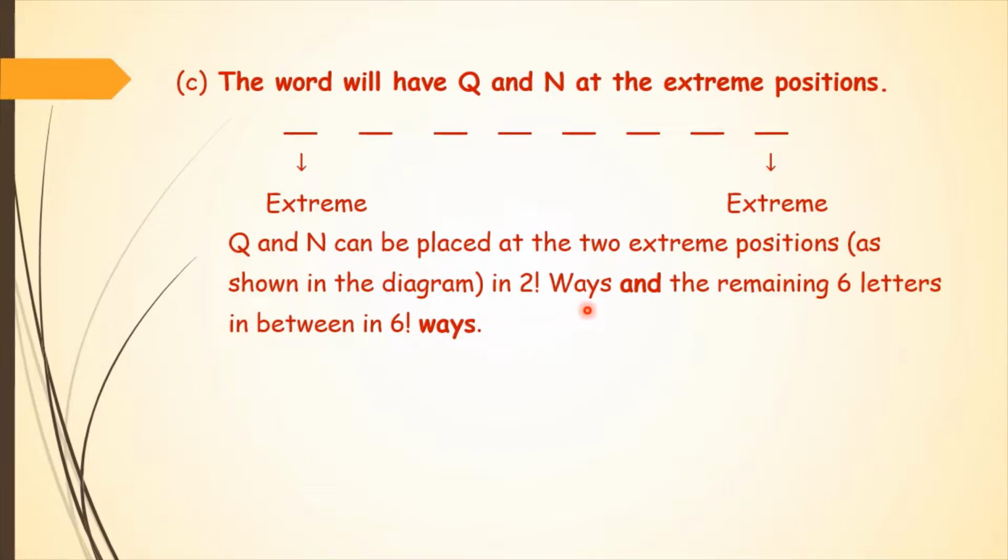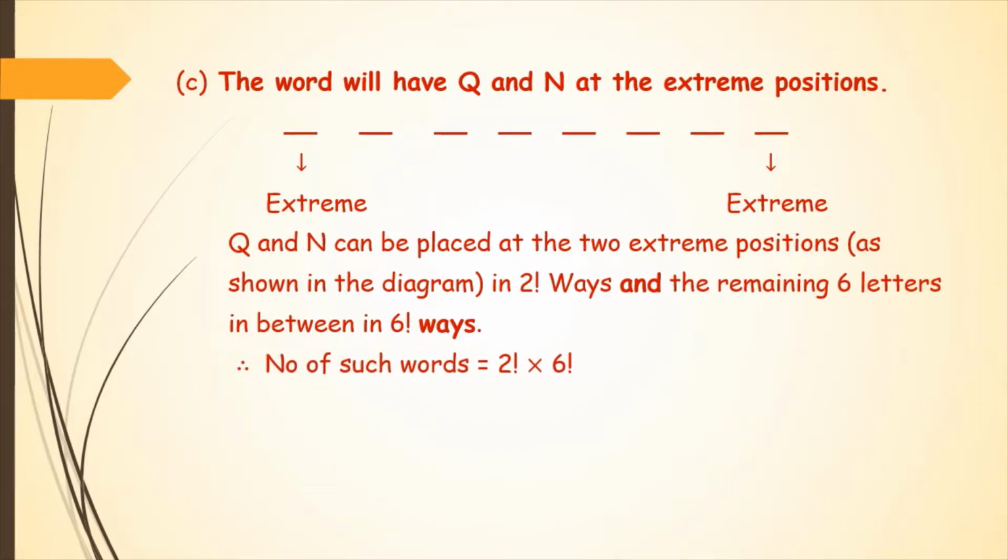So as usual, here in between there is AND. So by using the product rule from the fundamental principles of counting, these number of ways we will multiply to get the final answer.